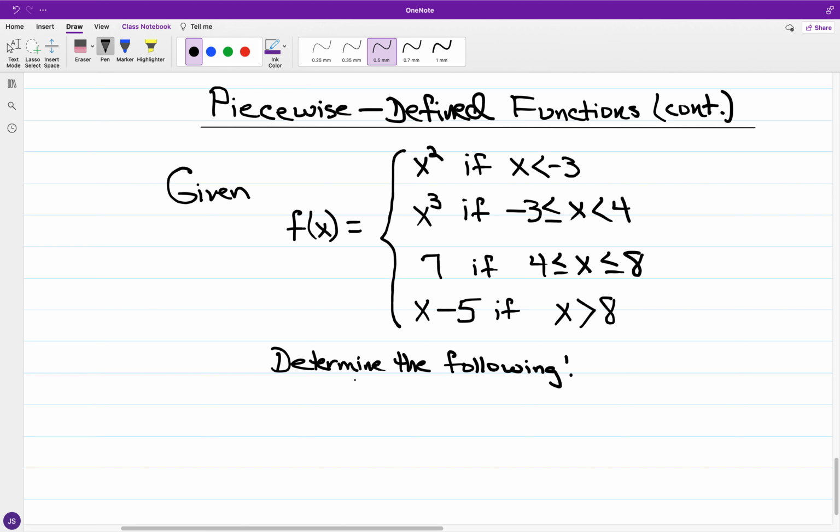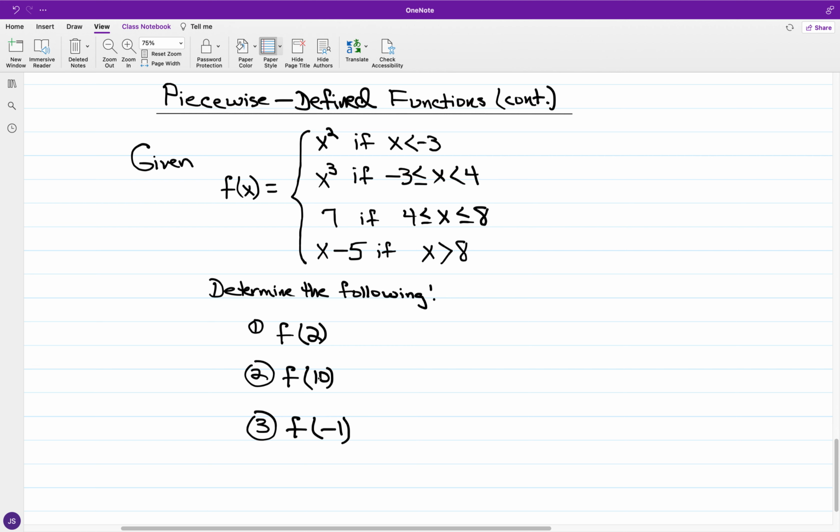So for what we have here, your input values are 2, 10, and negative 1, and the input variable is going to be x. And in terms of which of the 4 functions we're going to use for the respective input values.